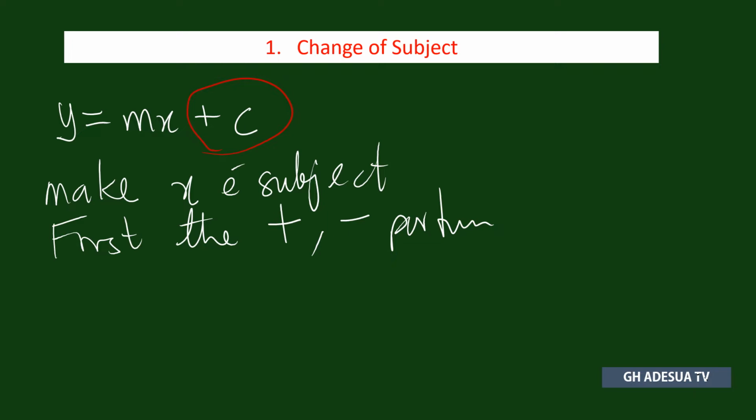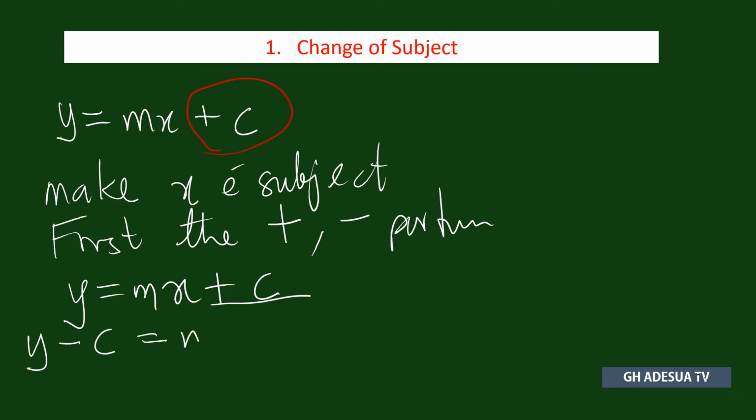If you want to clear the plus c, you just have to cross the equal sign. So I will write y is equal to mx plus c. The plus c crosses the equal sign, and the addition becomes subtraction. So it becomes y minus c on the left hand side.